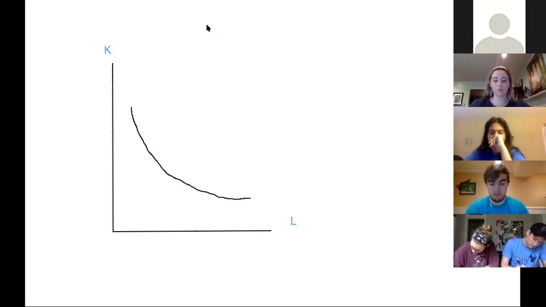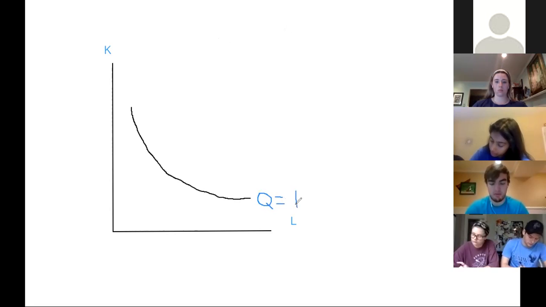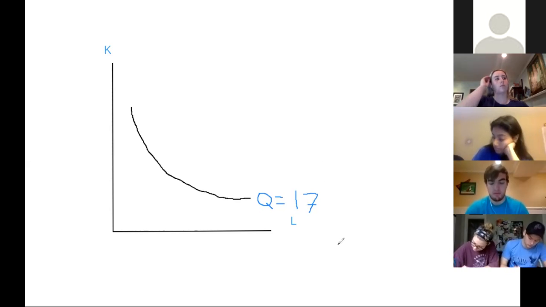So for example, this curve might show all the combinations of labor and capital that correspond to 17 units of output. Iso means the same, quant means quantity of output. You may not have learned that the original name for an indifference curve is an iso-utility curve, different combinations of goods and services that give the consumer the same utility.